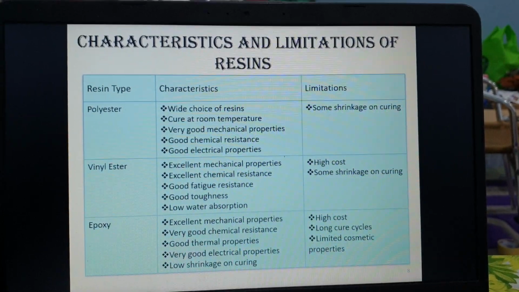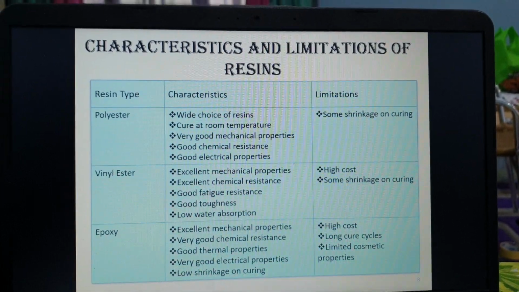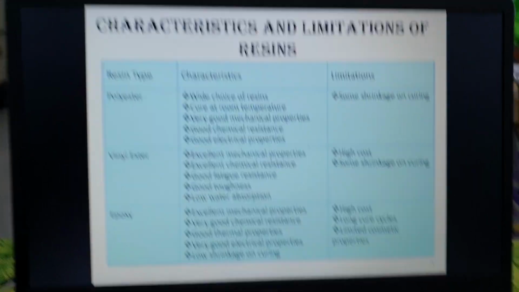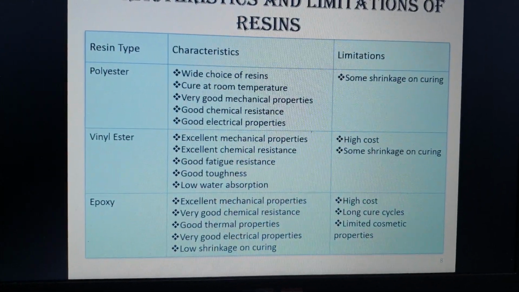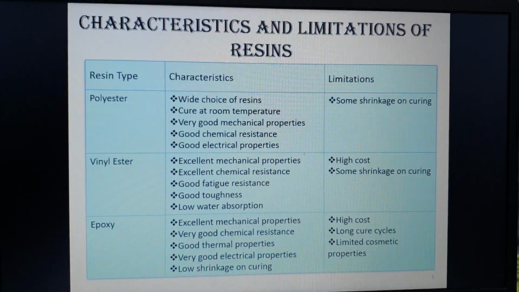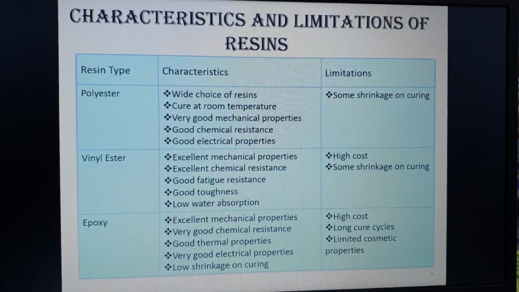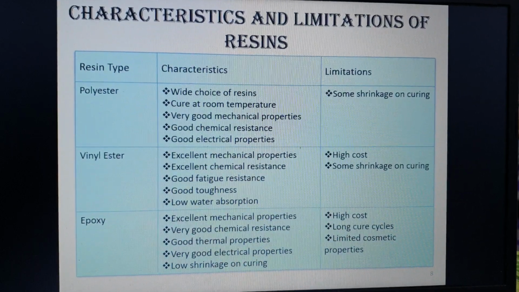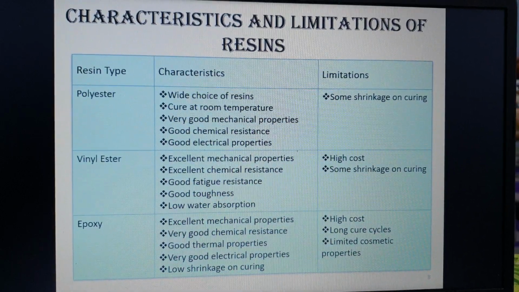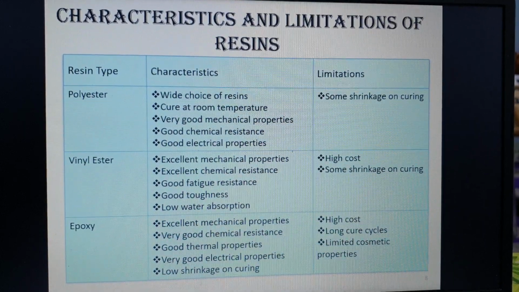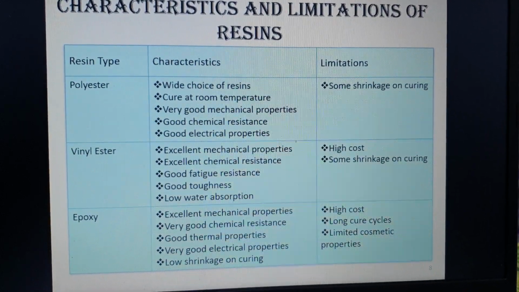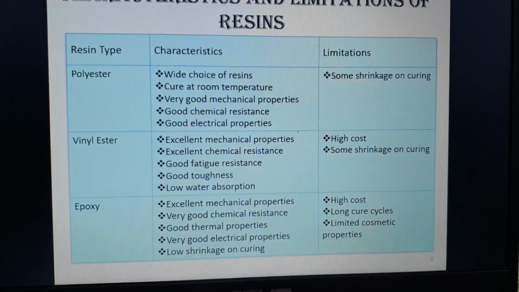Okay, for the characteristics and limitations of resins, this is what you can see in the table. For the resin type polyester, the characteristics are a wide choice of resin, cure at room temperature, very good mechanical properties, good chemical resistance, good electrical properties, and the limitation is some shrinkage on curing.